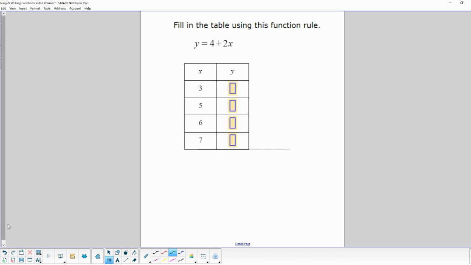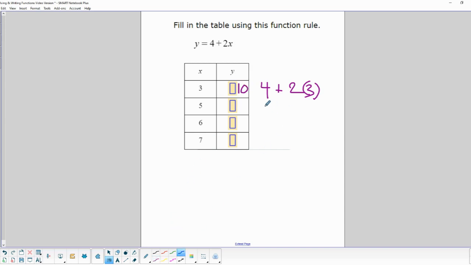So here's another one that's a little different. Let's try this one. So we're going to have 4 plus 2 times 3. 2 times 3 is 6. 6 plus 4 is 10.